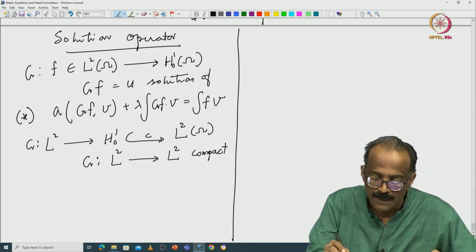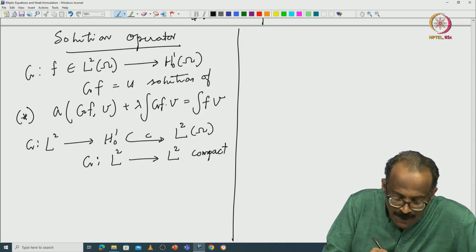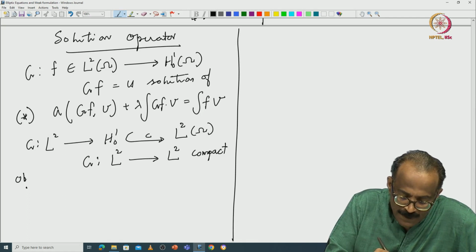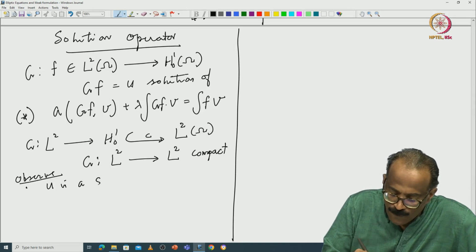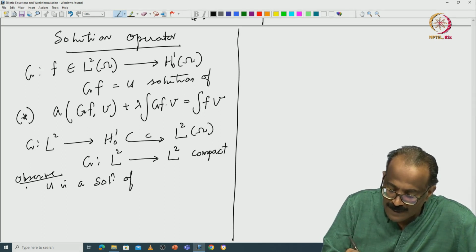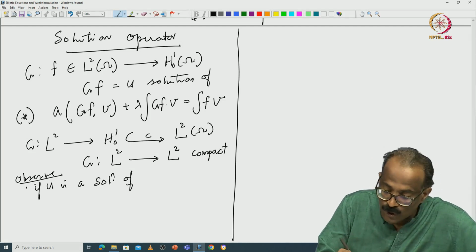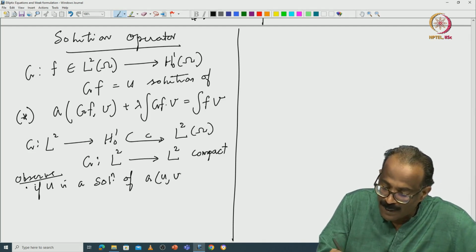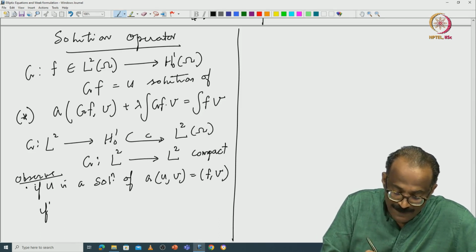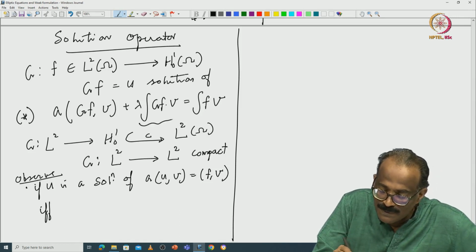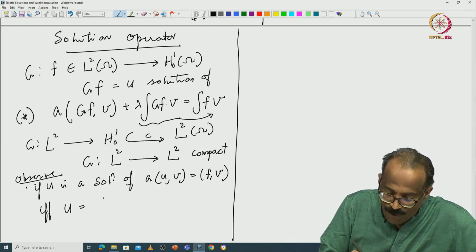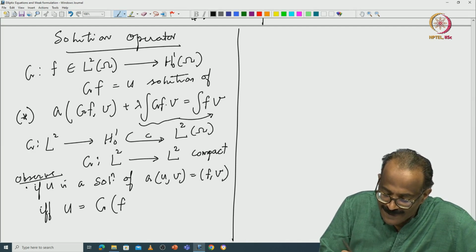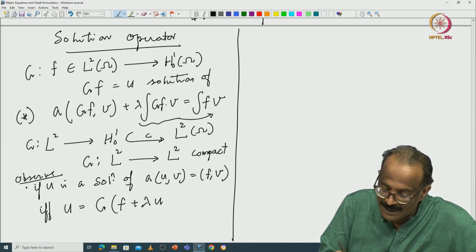So, you have a thing. Now, observe this, this is the important observation. u is a solution of A(u,v) equal to (f,v), this is what you are looking at, right, if and only if, take this term to the right side, u then equals G of f plus lambda u, an implicit operator form.